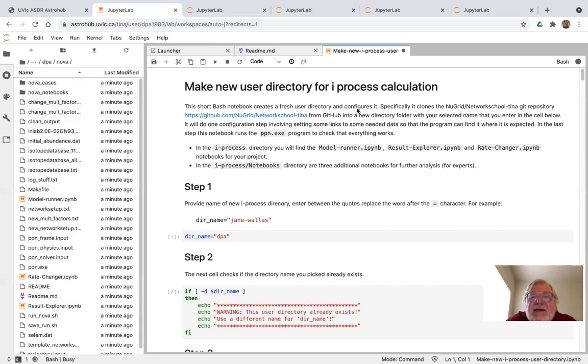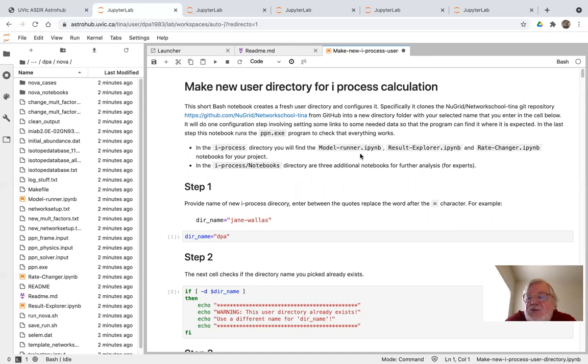But this first notebook at the very beginning also explains that after you have finished with the first notebook, you will have to go to the corresponding nuclear synthesis directory. It says iProcess, but you will go to Nova, and in this Nova directory, you will have to run these three notebooks.